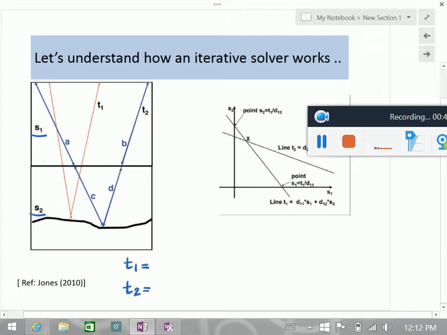That means D11, S1, and D12 is medium 2, S2. That's for ray 1, which T1 is corresponding to.